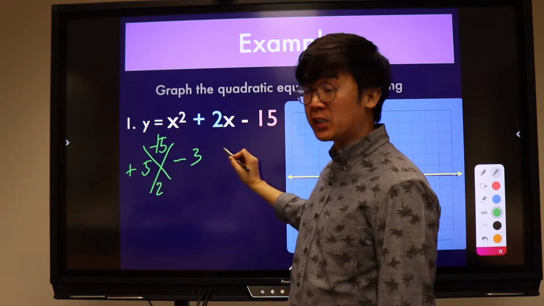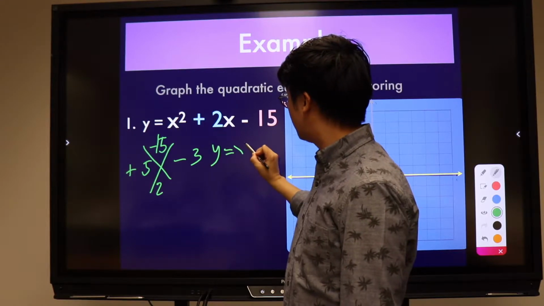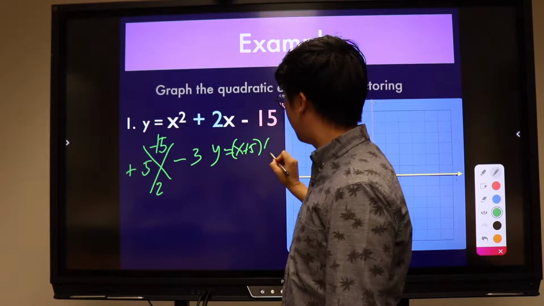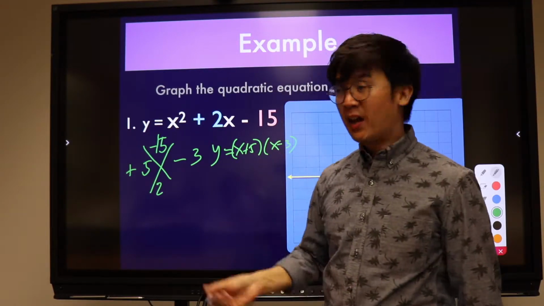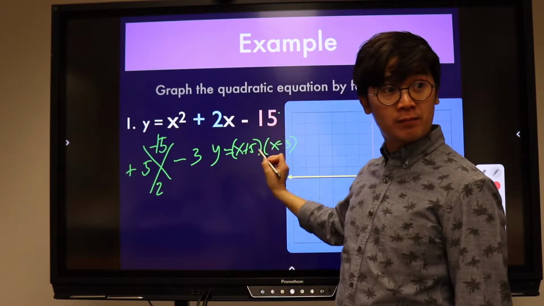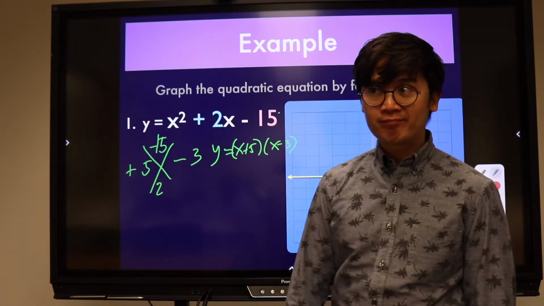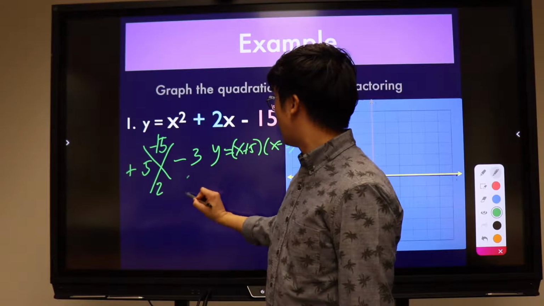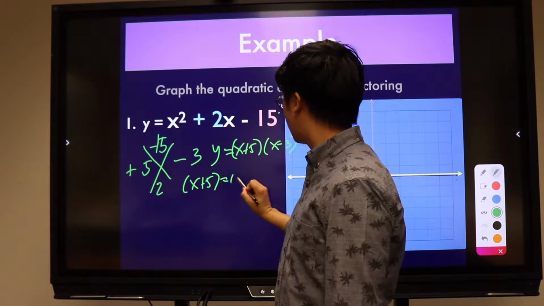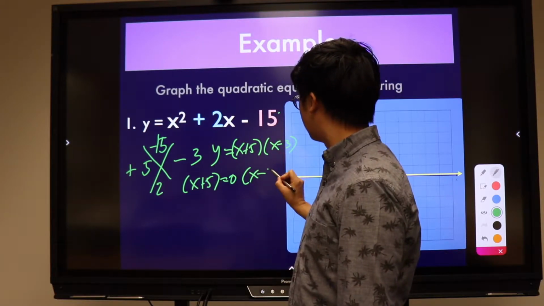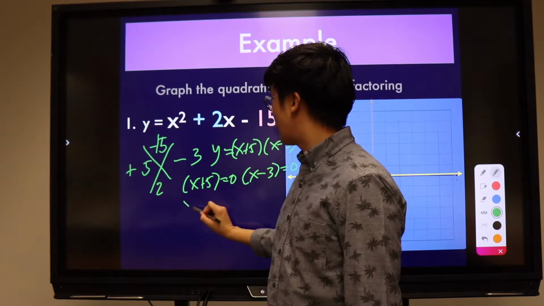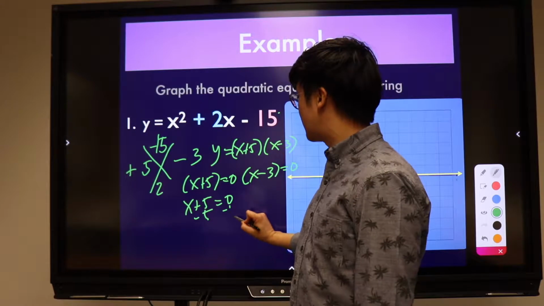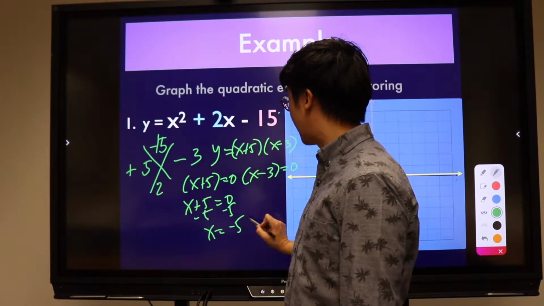So the new equation will turn into x plus 5 and x minus 3. They're the same, right? They're just a different style. Now we can use the zero product property. X plus 5 equals 0 and x minus 3 equals 0. If we solve it, subtract 5 on both sides: x is equal to -5.